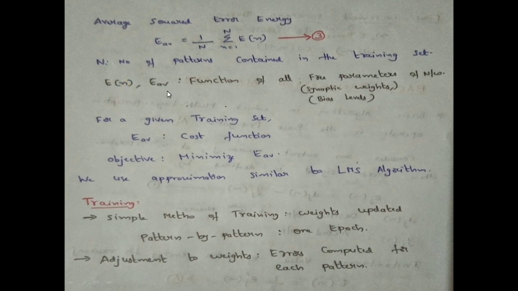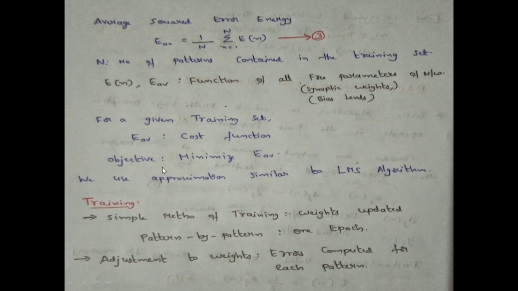Therefore the average error energy E_AV is a function of all the free parameters of the network. These free parameters are nothing but the synaptic weights and bias levels. Let this be equation 3. So for a given training set, E_AV represents the cost function as a measure of learning performance.